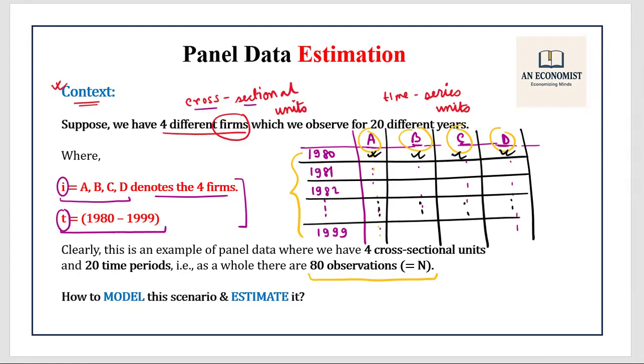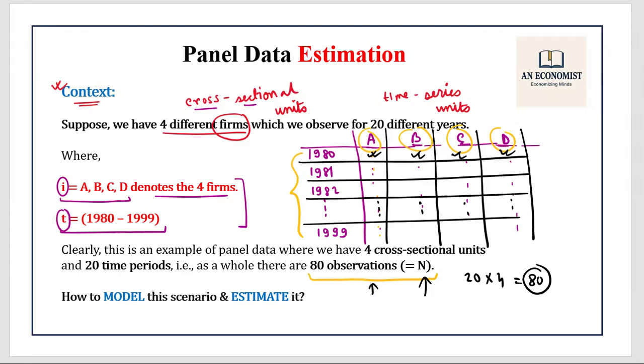For the second row, you will again have four values. So altogether, you have 20 different rows, and in every row, you will have four values. So basically 80 observations altogether, right? That is how we have got the total number of observations that we will work with. That is 80 total observations, and we have denoted this total number of observations by capital A.